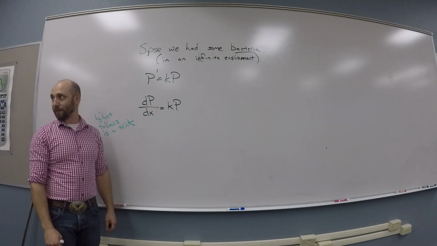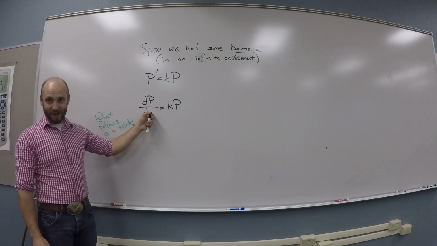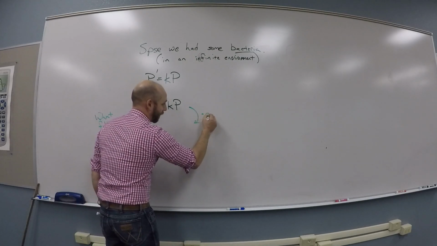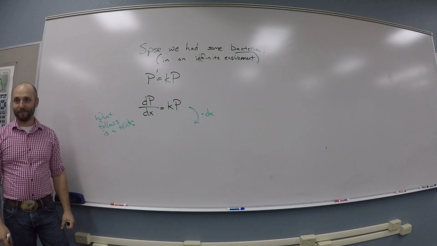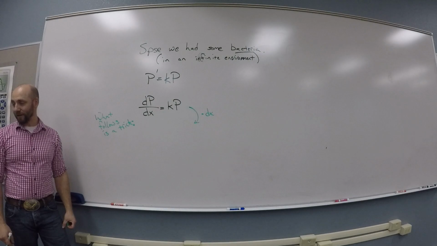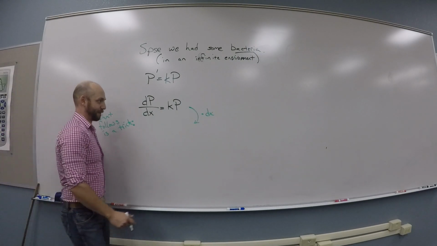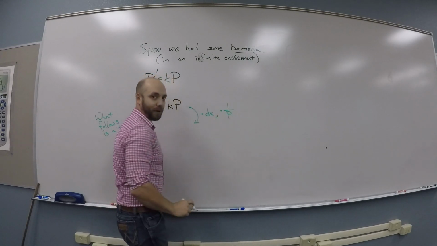And you do this in the dumbest possible way, which is there is an x down here. So you multiply both sides of this equation by dx. None of you are fundamentally uncomfortable with this. Divide by p. Yeah, and divide by p. So, and multiply by 1 over p.